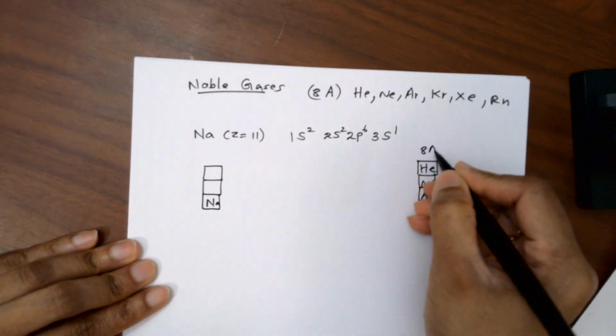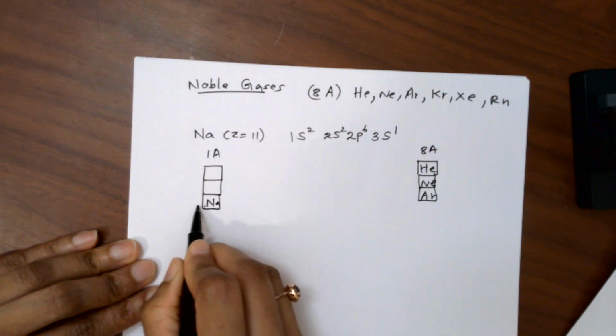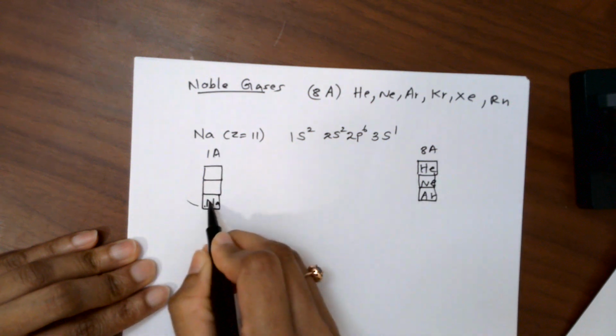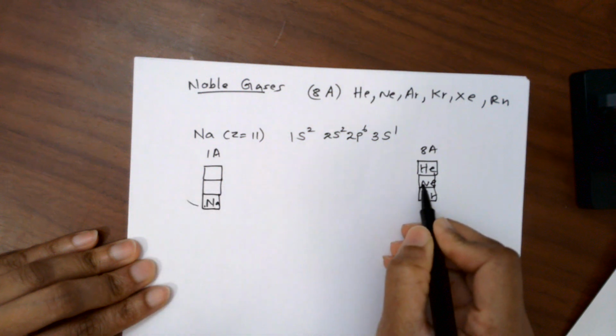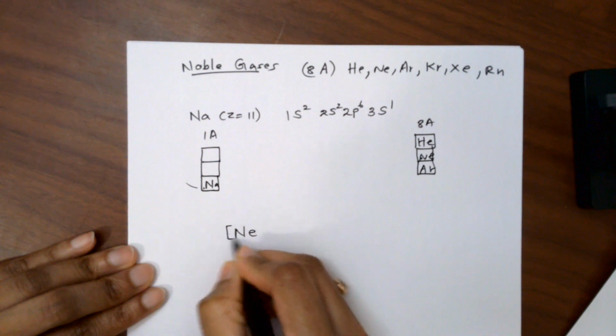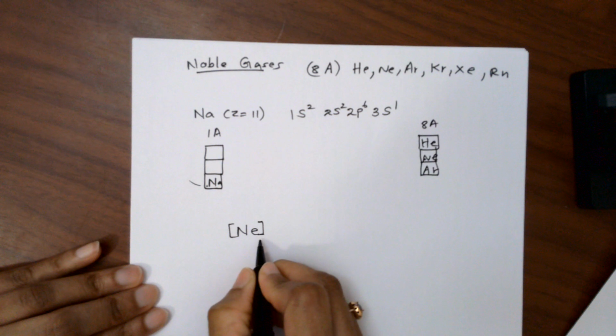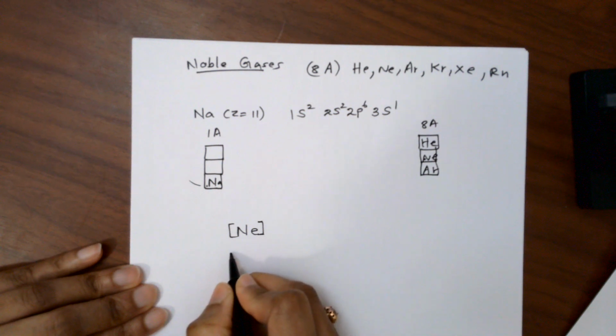This is group 8A, group 1A. So what is the previous noble gas? The noble gas previous to sodium is neon. So let's write the noble gas within square brackets, neon. How many electrons does this neon represent? 10 electrons.